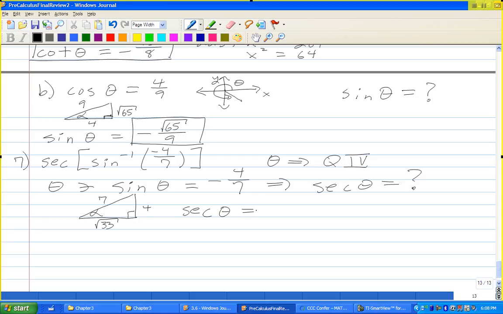In the fourth quadrant, cosine is positive. So secant is positive. And so secant is 7, the hypotenuse over the adjacent. And just in case you want to rationalize the denominator, even though I don't like rationalizing denominators, I'll write it this way.